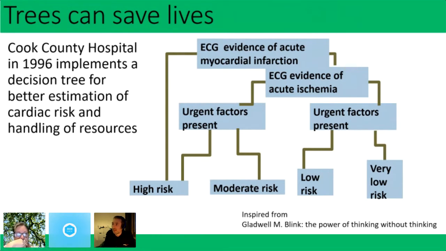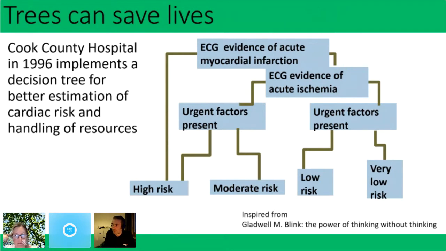So if there is acute evidence of myocardial infarction, then we go to high risk. The patient is streamlined to high risk. If not, again, it goes one level deeper, and we ask for evidence of acute ischemia. If yes, we look for urgent factors. For example, if the patient is diabetic or is overweight. If yes, again, high risk.